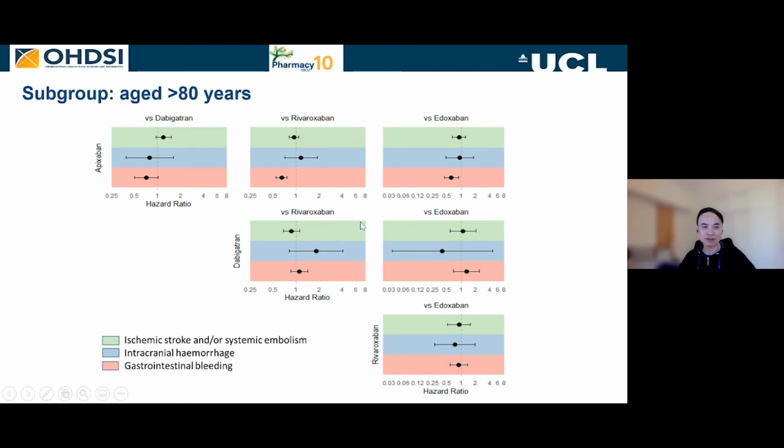Again, we see that for GI bleed, apixaban is superior. And again, we don't see a major difference on the efficacy side. So it looks like all the drugs are more or less effective as we expected, even in the meta-analysis. They are pretty similar in terms of efficacy. But having said that, the safety side does differ between them.